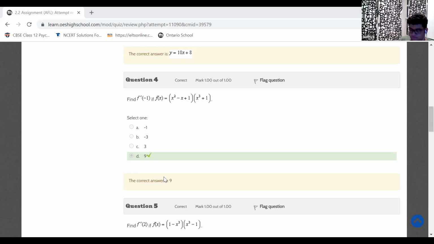So I'm getting 5x raised to 4 minus 4x raised to 3 plus 3x raised to 2 plus 2x minus 1. Now when you put x is equal to -1 here, what will you get? Can you calculate? Yes, sir. So that will be 5 minus 4 plus 3 plus 2 minus 1.